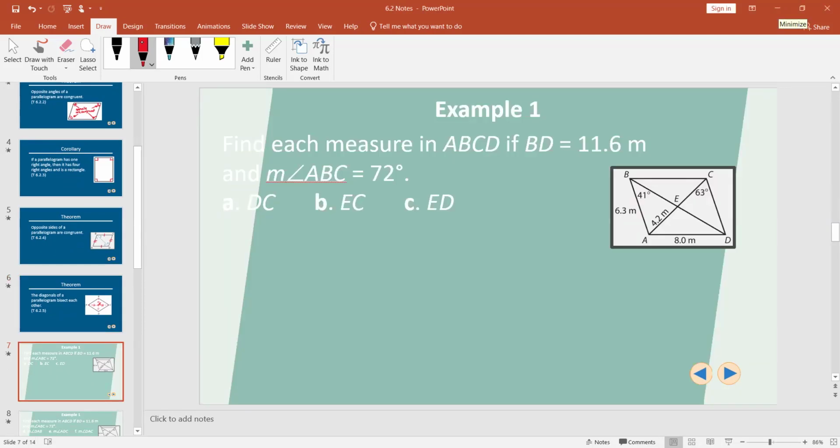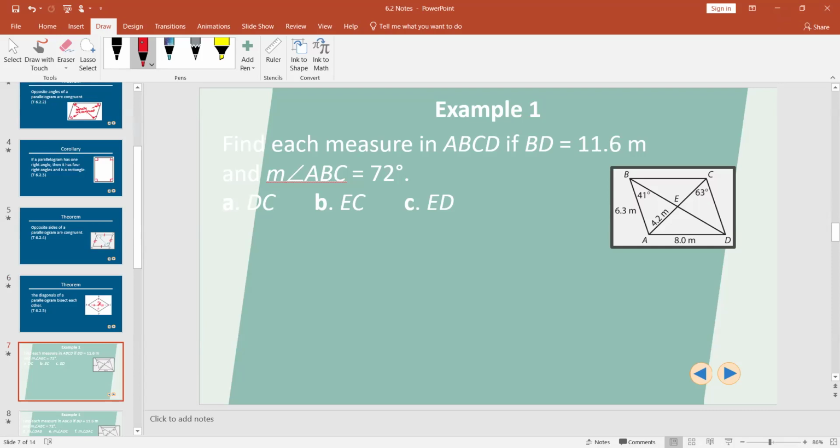In this one, it's asking us to find each measure in parallelogram ABCD if line segment BD equals 11.6 meters and the measurement of angle ABC is 72. This first one, we're just working with the line segments.